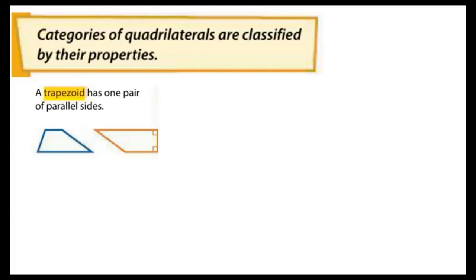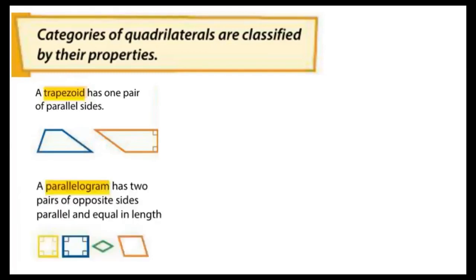What about the second shape? Look at the second shape here. Yes, it's called a parallelogram. A parallelogram has two pairs of opposite sides that are parallel and also equal in length. So when we compare trapezoid and parallelogram, what can we deduce from this comparison?